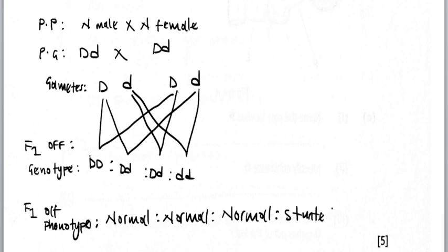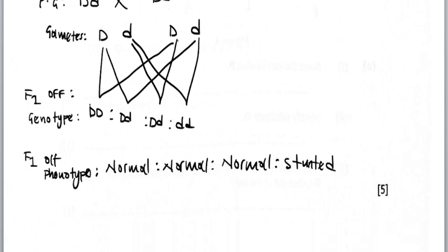So out of 4, 3 will be normal, then 1 will be stunted. So that is what we have in here. So that's basically how you can draw this genetic diagram.